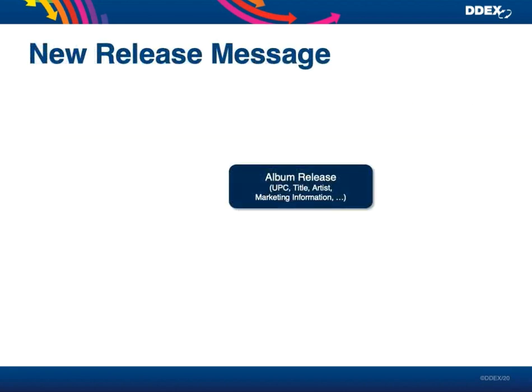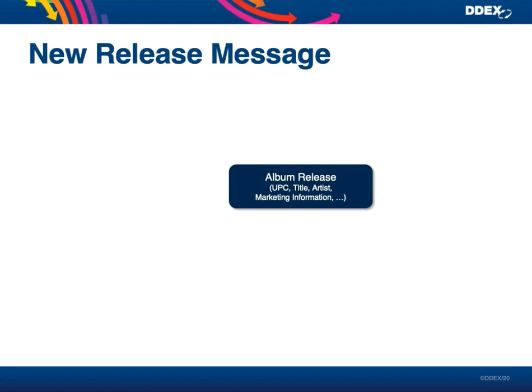So what does an ERN message look like? Well, it's structurally actually quite simple. It's an XML structure. And it starts with, let's talk about a release, an album. If you want to make available either for streaming or for download, you need to communicate the album that contains the content.